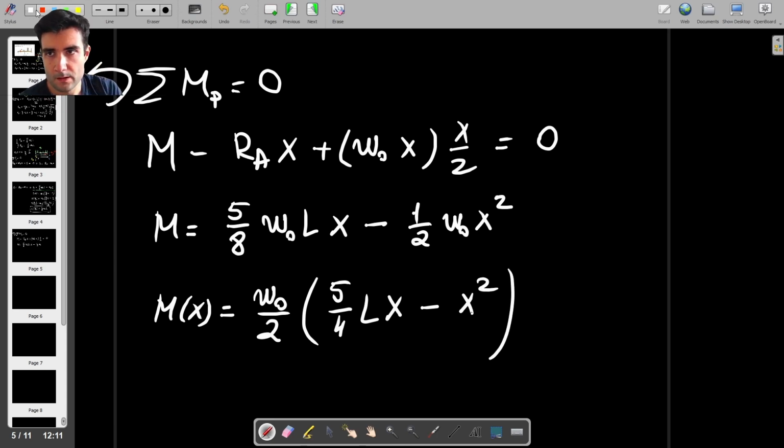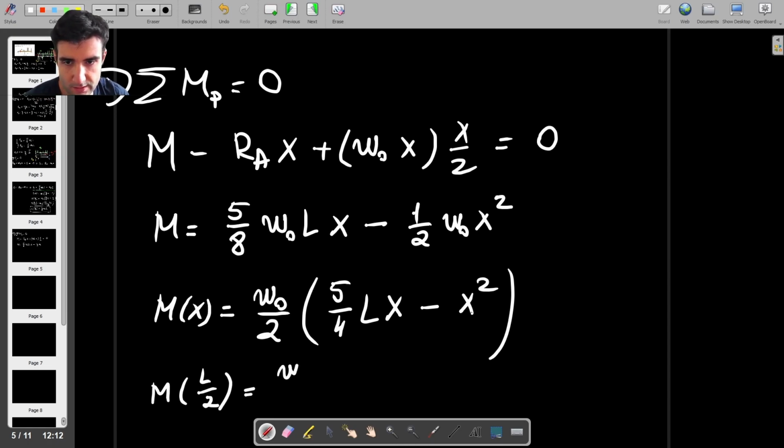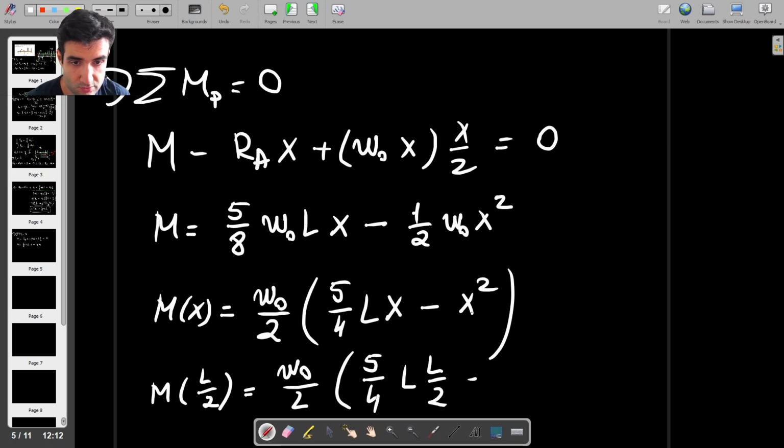So let's try to find the moment at the middle point and see how much that is going to be. So M of L over 2 will be W naught over 2, and then we have 5 over 4, and then we have L times L over 2 minus L squared over 4.